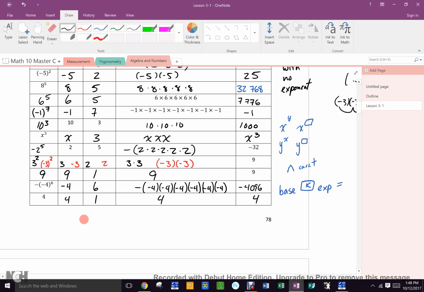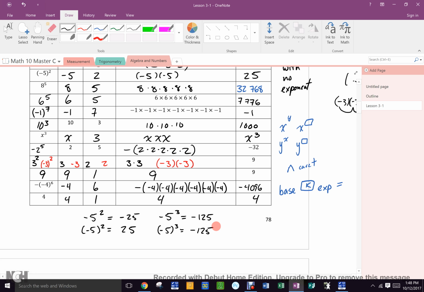Please, please, please. Negative 5 squared is what? Negative 25. Negative 5 in brackets squared is what? 25. Negative 5 cubed is what? Negative 125. Negative 5 in brackets cubed is what? Negative 125.